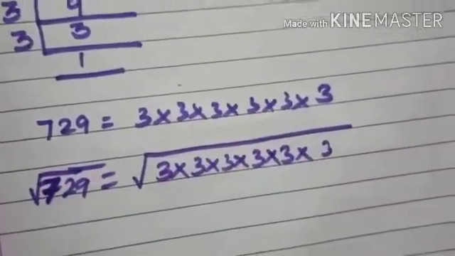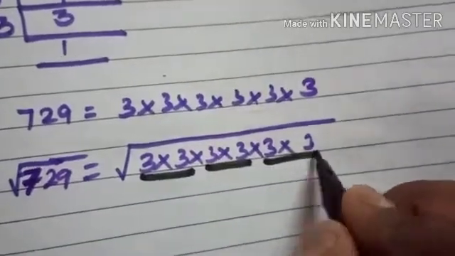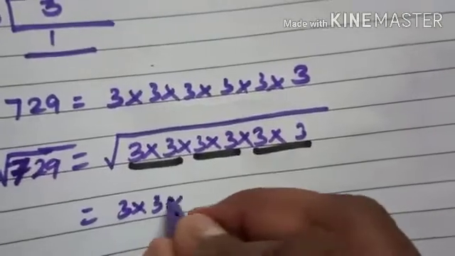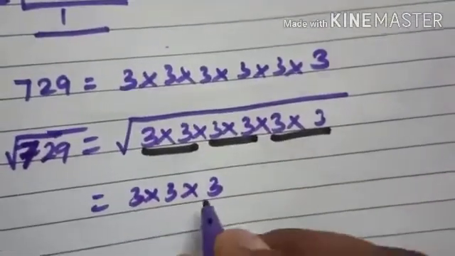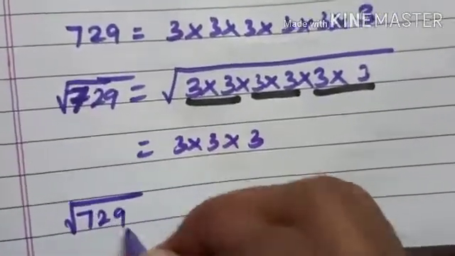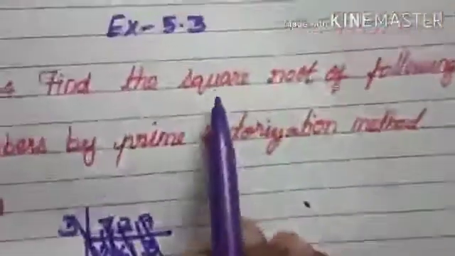You can take a square root, and pair these. This is one pair, this is another pair, this is another pair. So totally 3 pairs. So 3 into 3 into 3. What is the value? 3 3s are 9, 9 3s are 27. So the square root of 729 is equal to 27. By using prime factorization, we find the square root of 729.